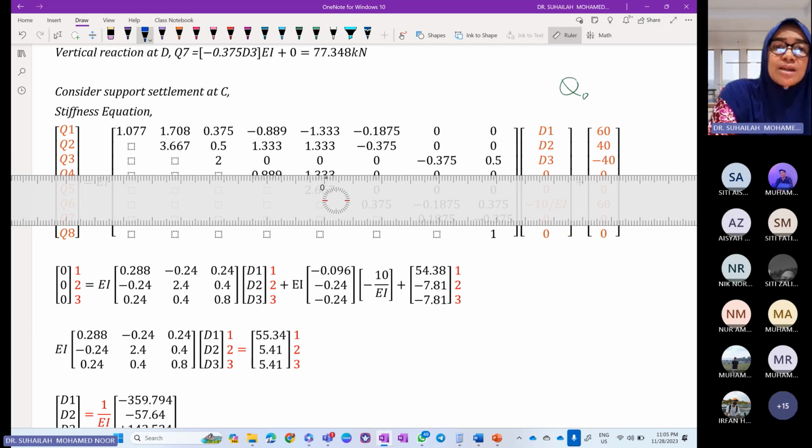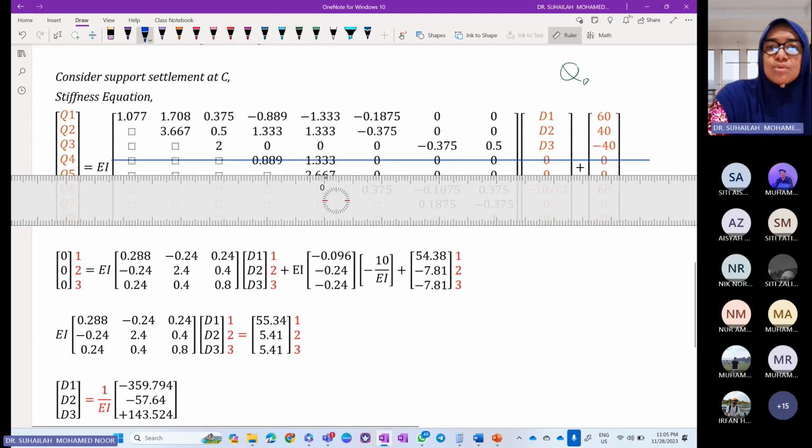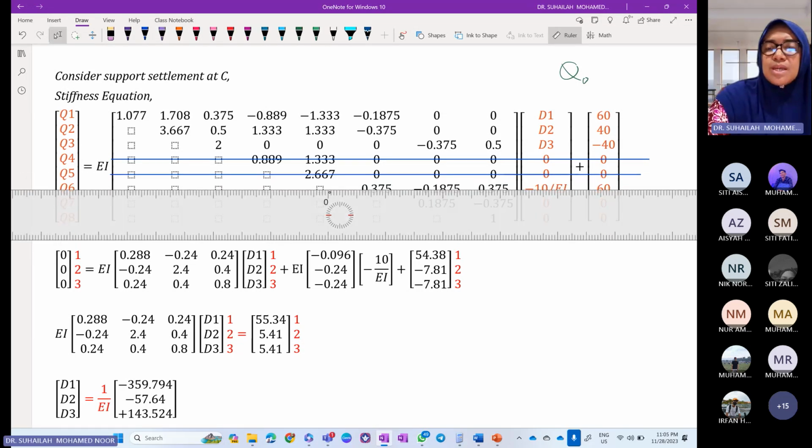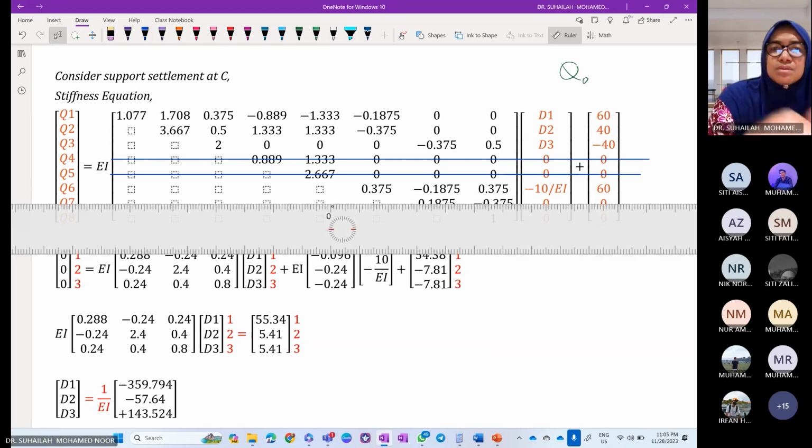So that's why yang ni semua tak masuk sebab dia 0. Yang mana 0? Ni 0. Mana lagi 0? Sini pun 0. Tak, ni bukan 0 dah. Now bukan 0.